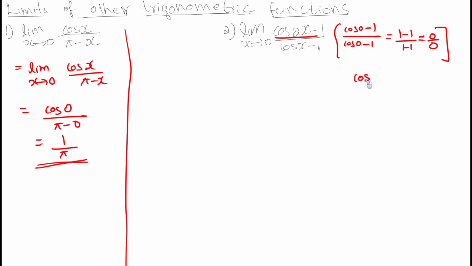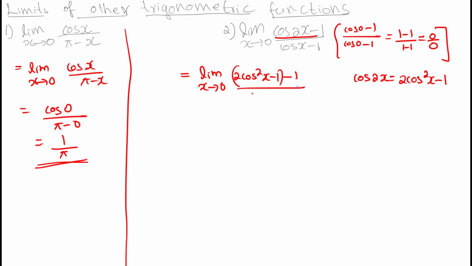For that one, see, we have the formula cos 2x is equal to 2 cos square x minus 1. Okay, so I can rewrite it as limit extending to 0, cos 2x is substituted as 2 cos square x minus 1, and see, one more minus that is given in the question itself, by cos x minus 1 is there.